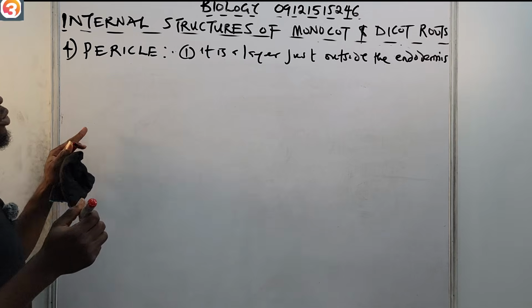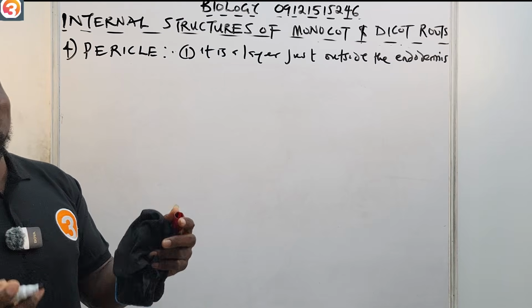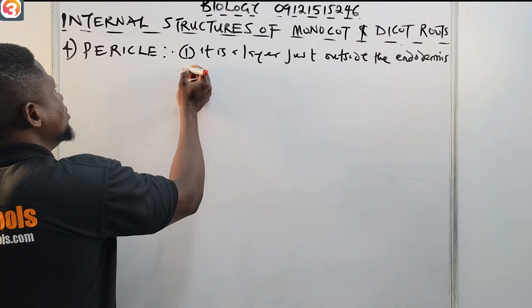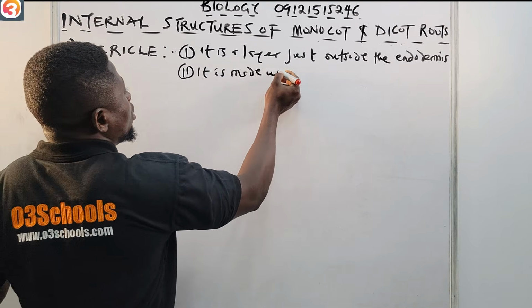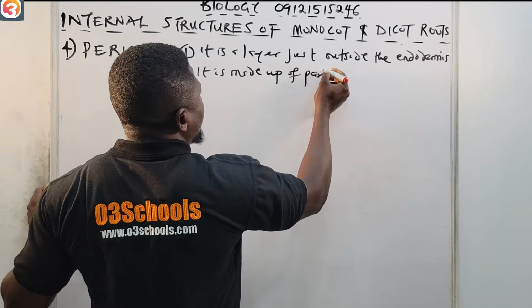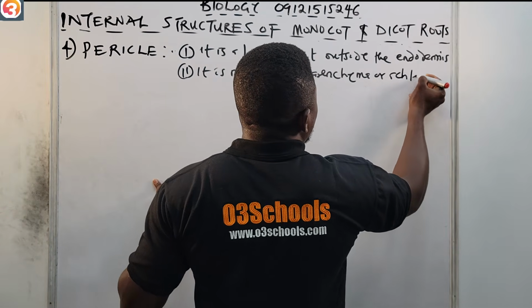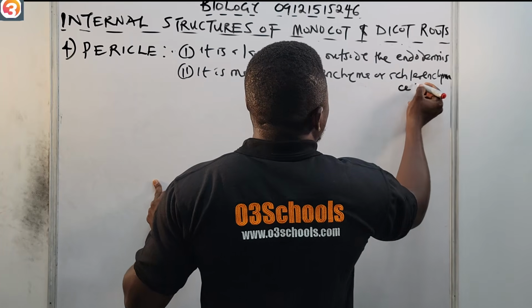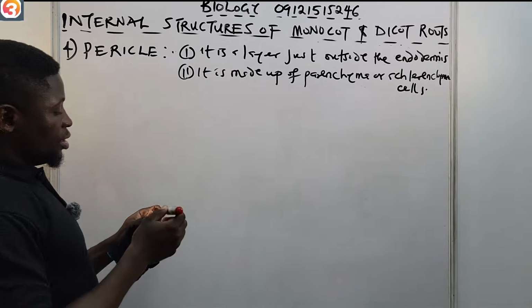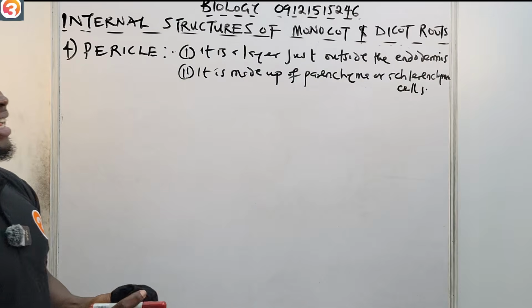And of course, the pericycle is also made up of parenchyma or sclerenchyma cells.